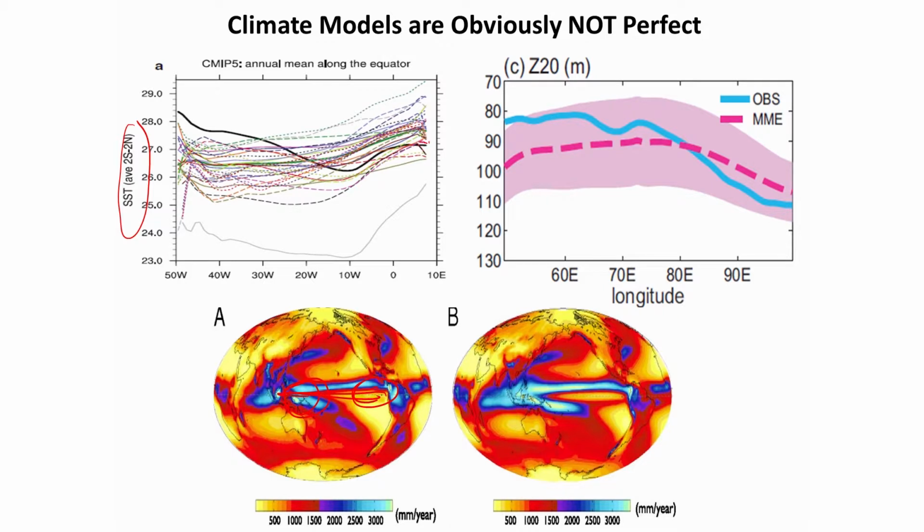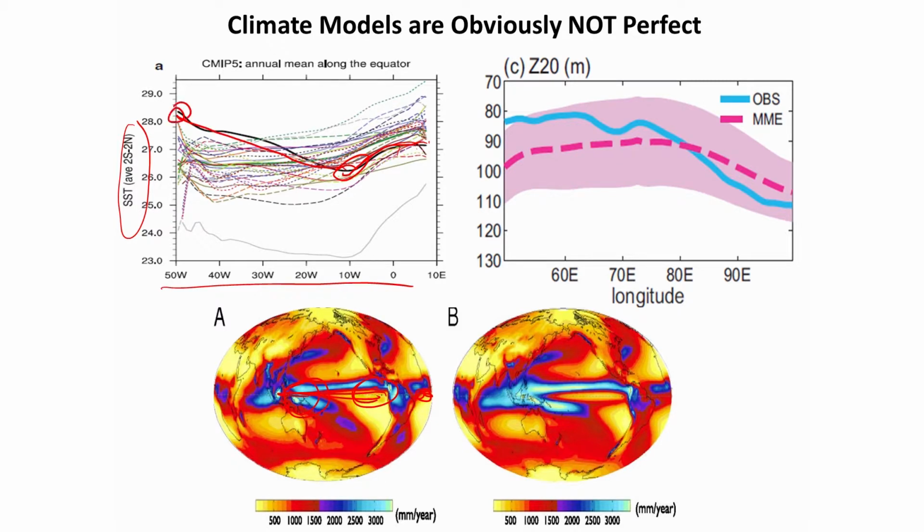So, the observed temperature here, I have to make sure that this is the Atlantic Ocean, not the Pacific Ocean. So, it is going from negative near the coast of Africa to the coast of South America.